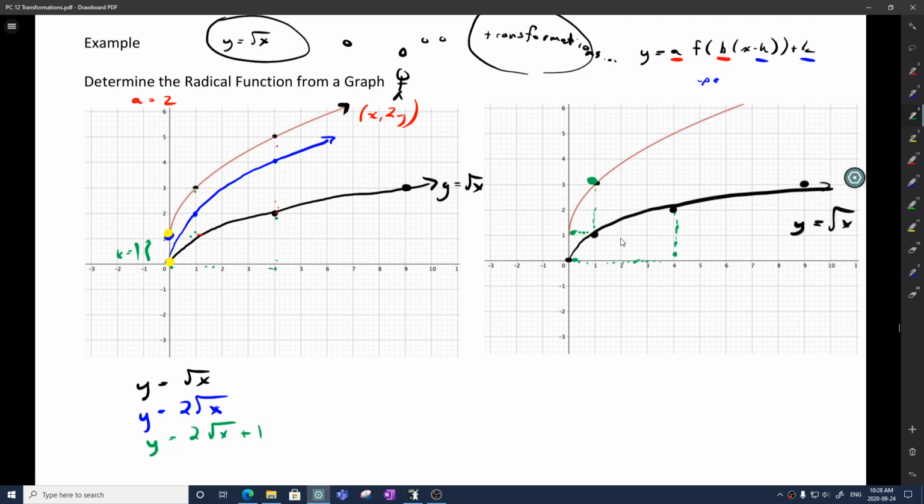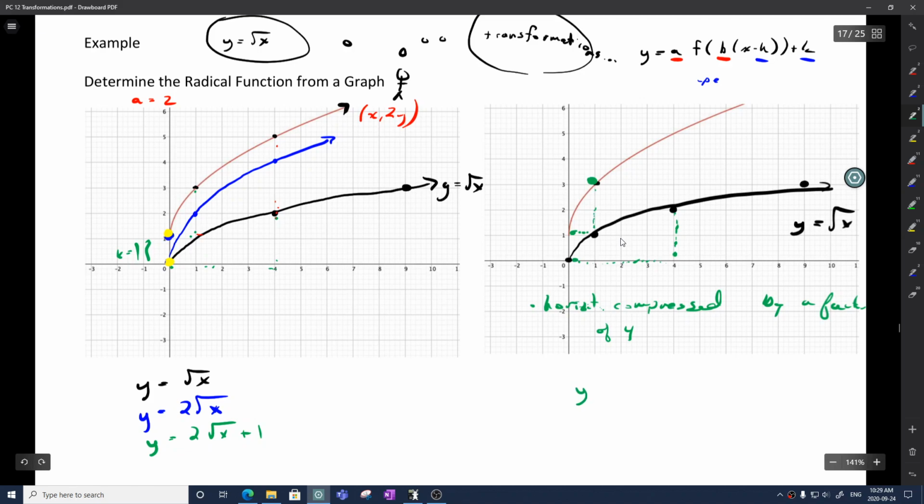So some people say, I had to go over 4 units to go up 2 on the parent, but on the transformed graph, I had to go over just 1 unit to go up 2. In other words, I compressed the graph, and people are going to yell at me, horizontally compressed by a factor of 4.